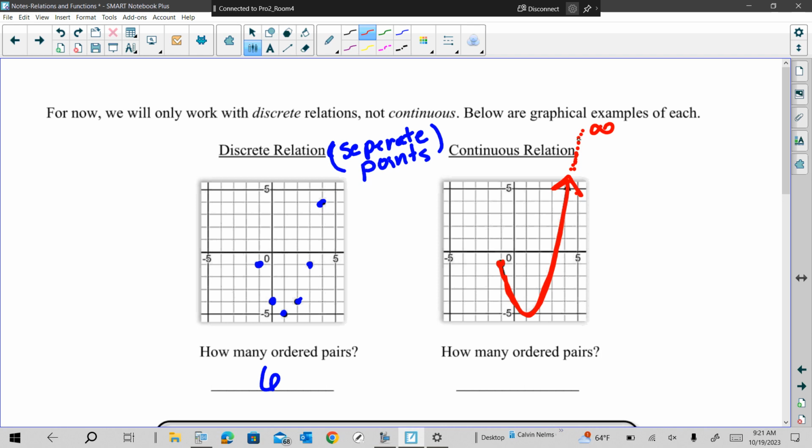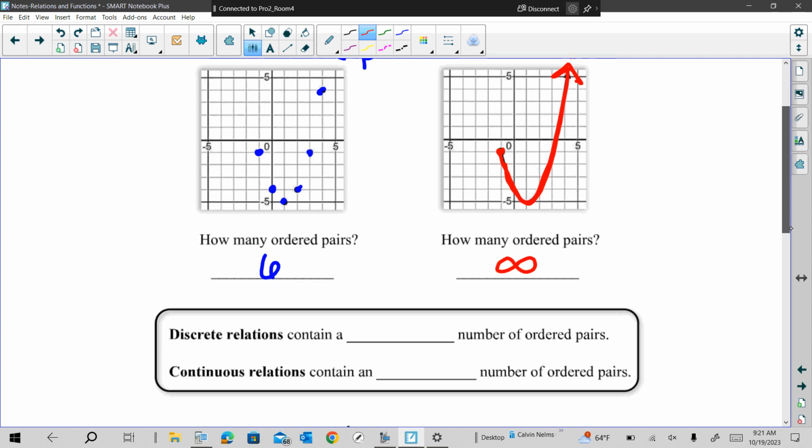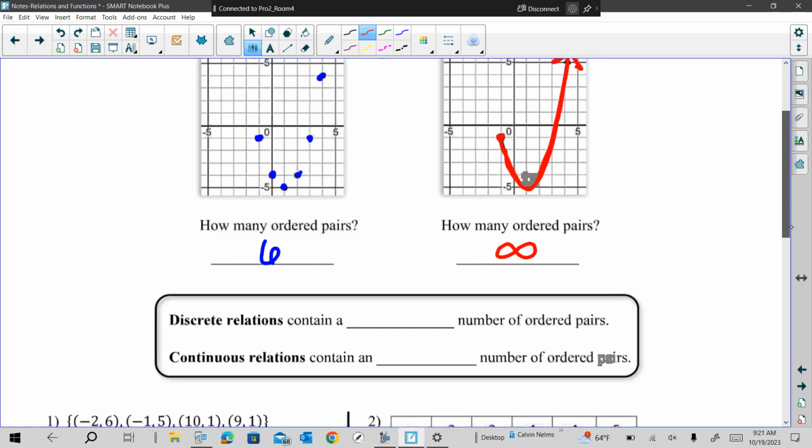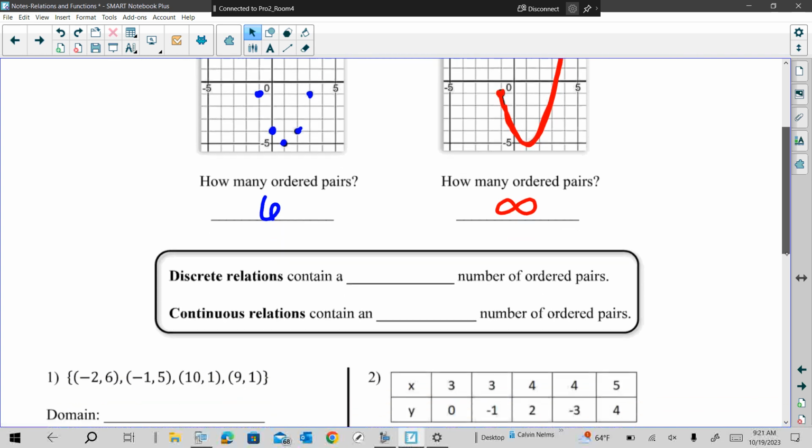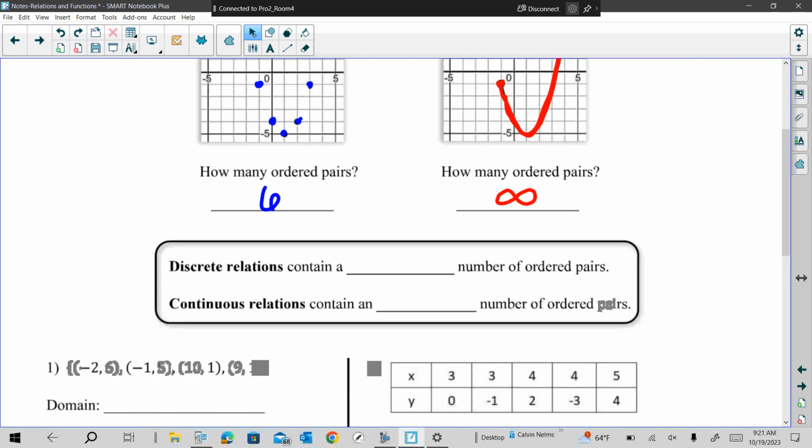So since it keeps going, how many ordered pairs are there? Infinite. Infinite amount of ordered pairs. All right, so discrete contain a finite number of ordered pairs, where continuous contain an infinite number of ordered pairs.